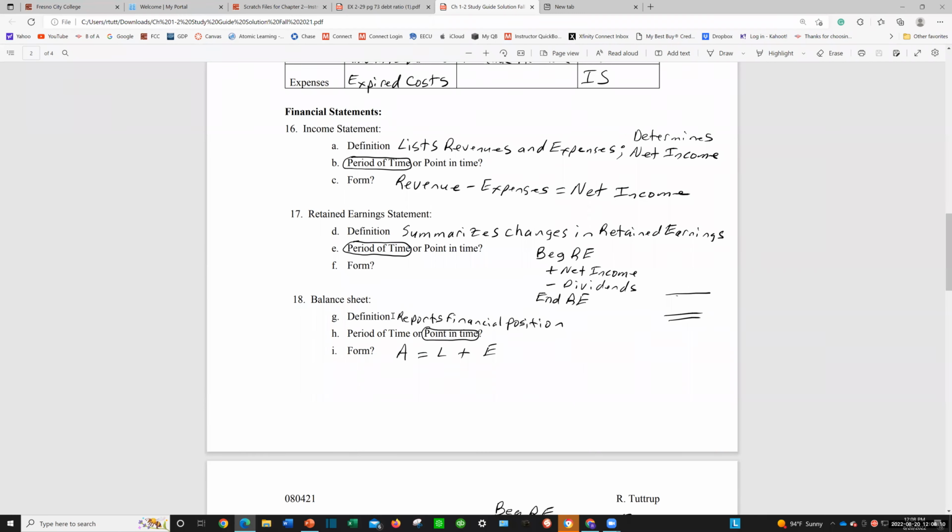And finally, we have the balance sheet. What does that do? It reports financial position. Now, is it a period of time or a point in time? It's a point in time. It's the only one that will just say December 31. It will never say for the month ended December 31.